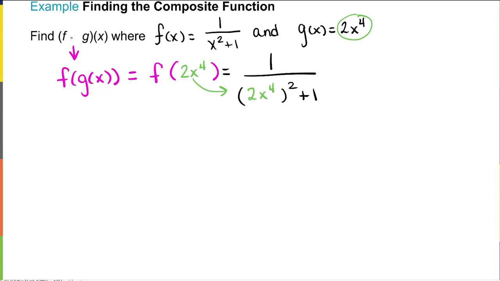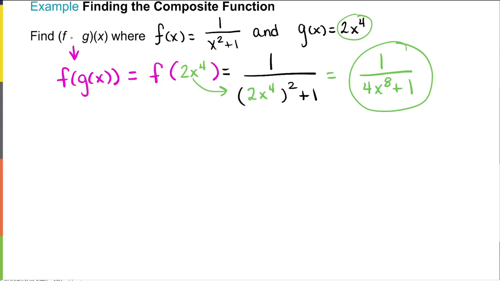So we're substituting g of x in for the x. And now we just simplify. We get 1 over (2x to the 4th) squared, which will be 4x to the 8th, plus 1. And that's as far as you can go for that one.